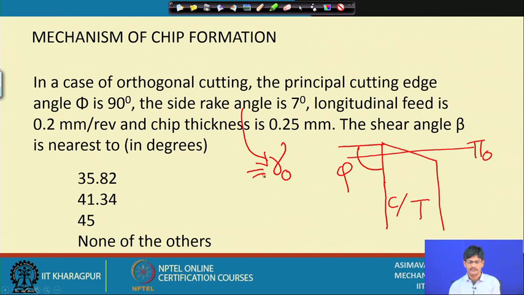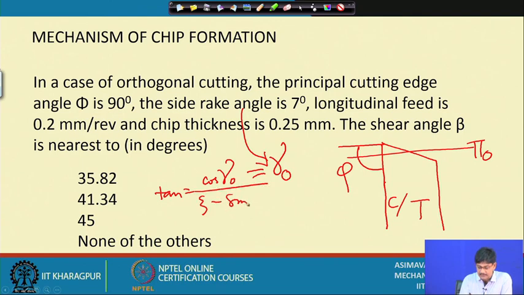Now, can we find out the value of zeta, because as we wrote down, tan beta is equal to cos gamma O, now this is taken care of, divided by zeta minus sin gamma O. This is taken care of, we can easily find it out. Cos 7 degrees, sin 7 degrees.